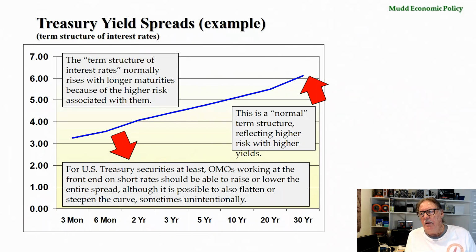So the yield spread normally has a positive slope, as is shown here. That's a normal term structure reflecting higher risk with higher yields. For United States Treasury securities, at least, OMO is working at the front end on short rates, which is usually how they do it, although these days they're buying across the spectrum, should be able to raise or lower the entire spread, although it's possible to also flatten or steepen the curve, sometimes unintentionally.